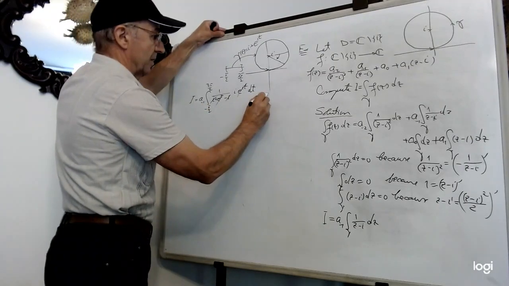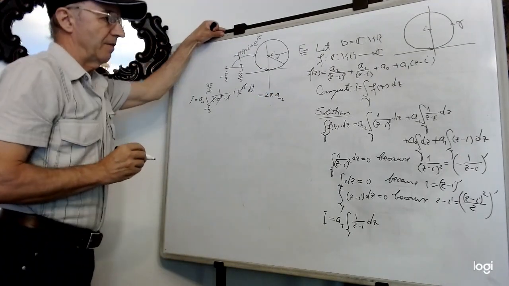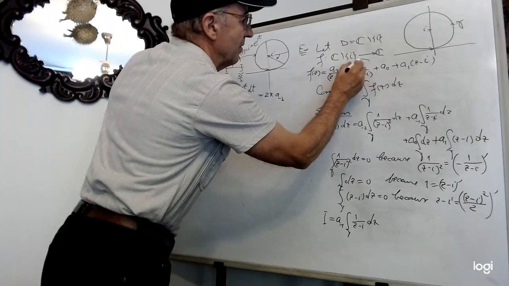So we get 2 pi a minus 1. This is the value. It depends only on this coefficient.